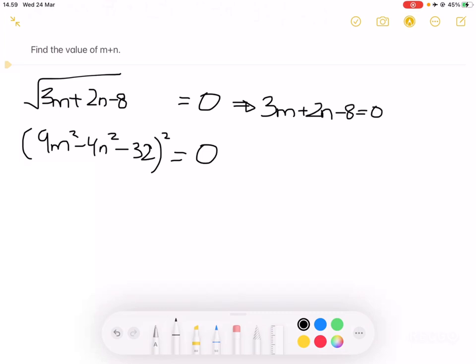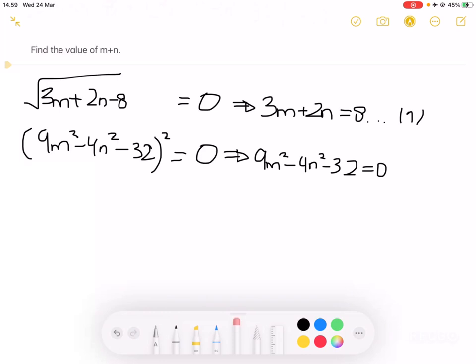I'm going to add 8 on both sides, so it will be this thing right here. Let's call this equation 1. Now from this term here, we can just square both sides, so that will be 9m squared minus 4n squared minus 32 is equal to 0.